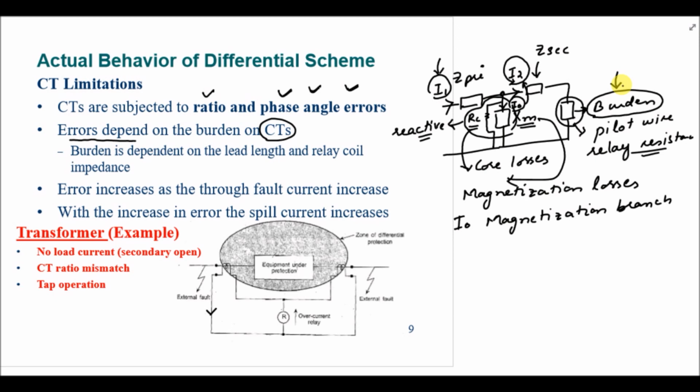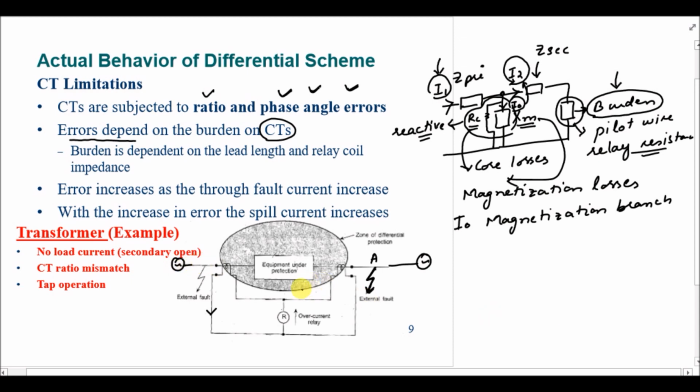And then there is another thing that happens when we have large external fault currents. For example, we have a fault at this point, and there is a large current flowing at point A due to two generators, for example.